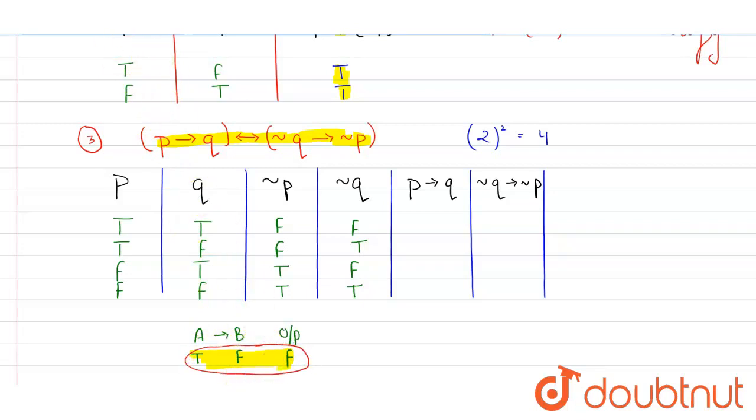Okay, so now just look at the P and Q columns. P and Q both are true, so the answer will be true. True and false, the condition is satisfied, so false. Then it will be true, it will be true. And for this, now you will consider which columns? First you will consider negation of Q and then negation of P. So what we'll get?